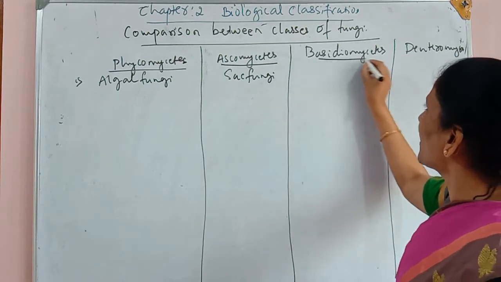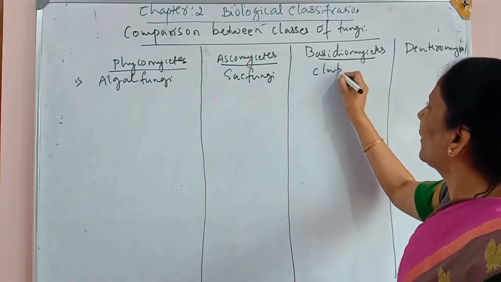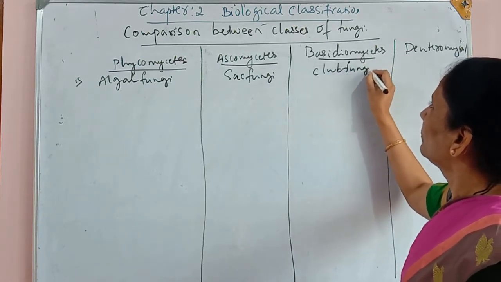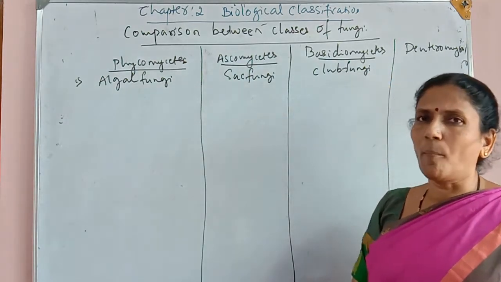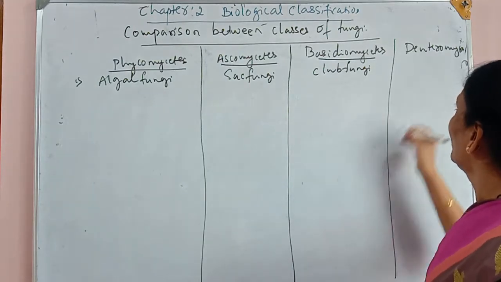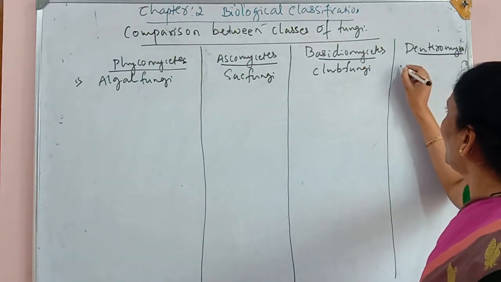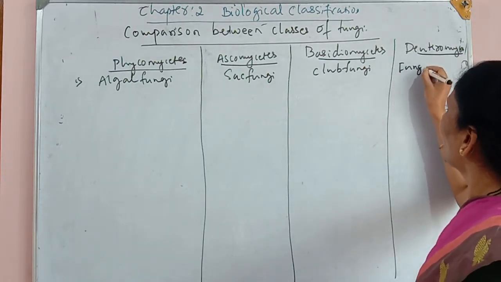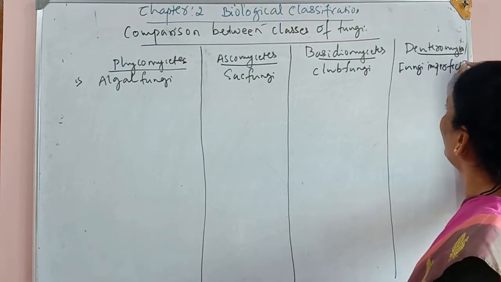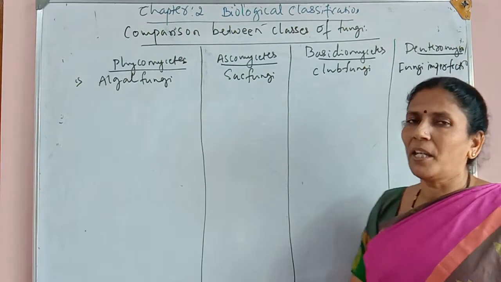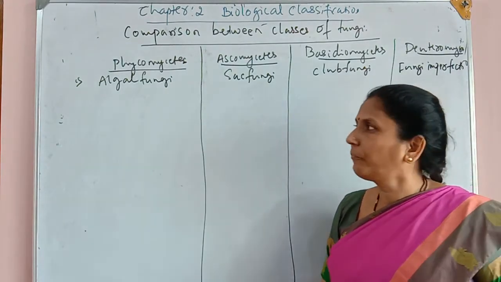Basidiomycetes are called the club fungi, or sometimes bracket fungi or puffballs. These are also common names of Basidiomycetes. Deuteromycetes are called the Fungi imperfecti. So these are the common names of each class.